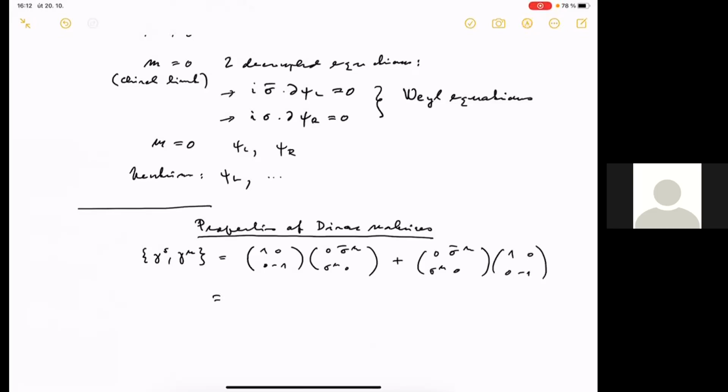So this is a matrix which leaves the first row unchanged, but the second row is multiplied by -1. So the first relation gives us just this. And here we obtain the action of this matrix from the right. So the first column is unchanged, and the second column is multiplied by -1. And of course, if we add these two matrices, we get 0.